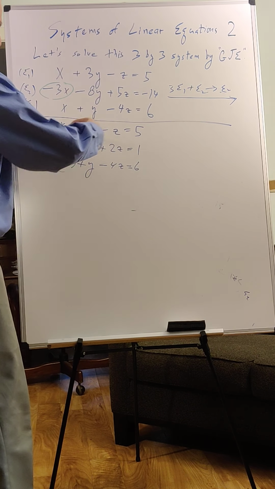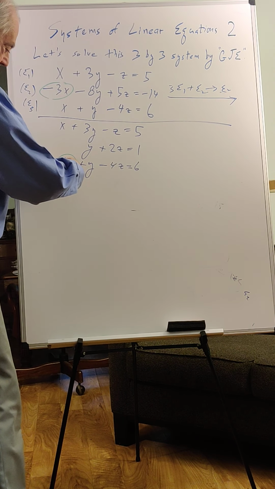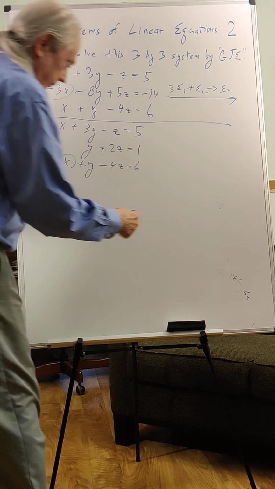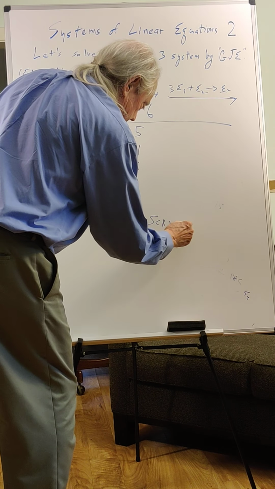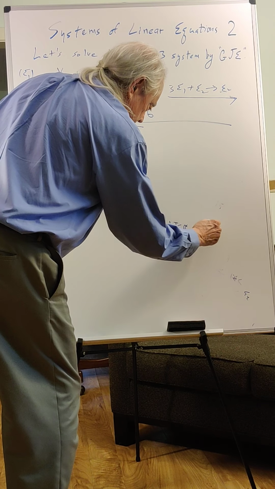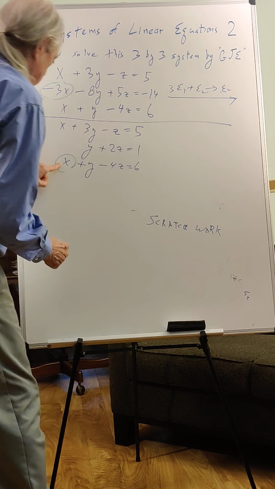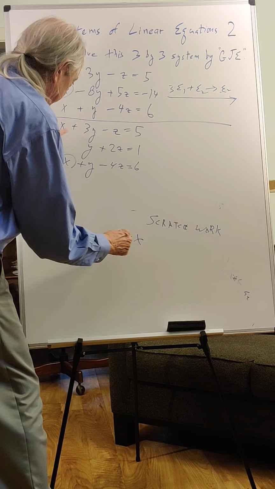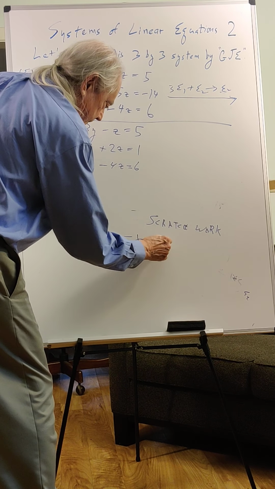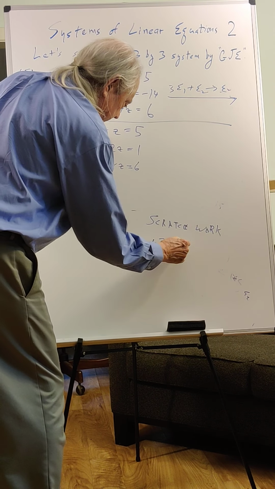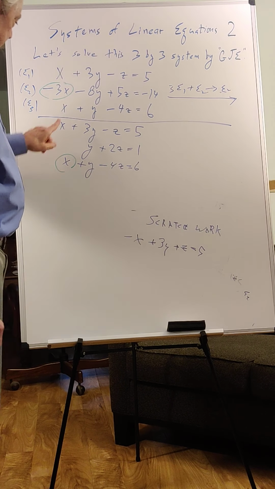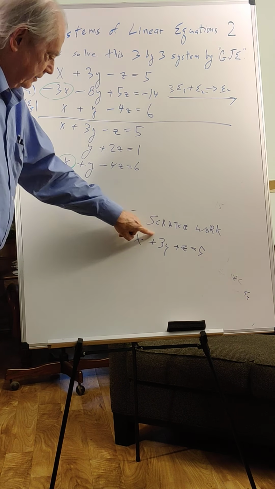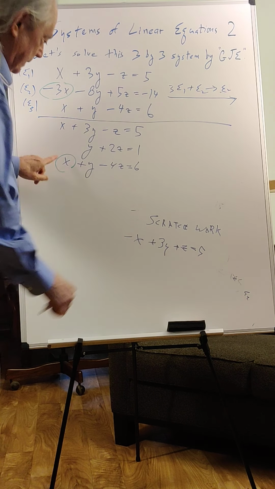In other words, we're going to change the signs of this equation and then add that to this equation. So the scratch work looks like this. Minus x plus 3y plus z is 5. All I've done is I've written this equation down and changed the sign of each term.